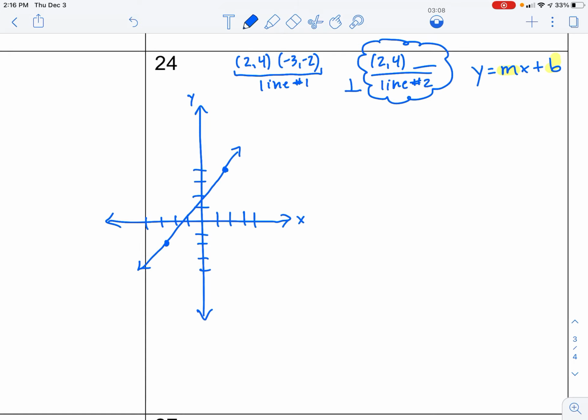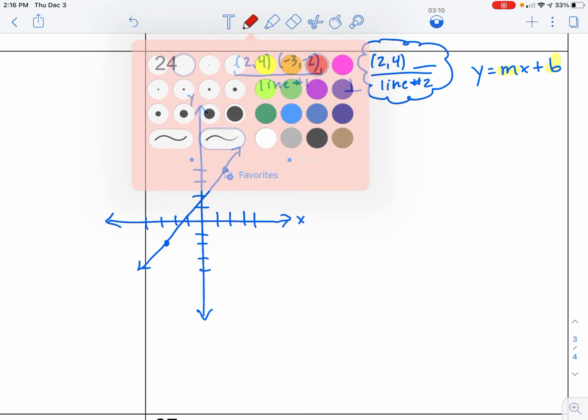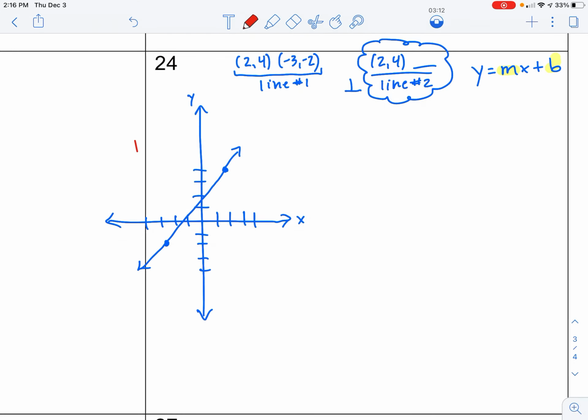Not great, but it will do. And we're going to find the slope of this line. So you remember, we can find the slope by using rise over run. We start at one point, and we're going to rise and see how far we have to rise to get to the second point on the line. So I would have to go up 1, 2, 3, 4, 5, 6. I would rise up 6 and run over 1, 2, 3, 4, 5.